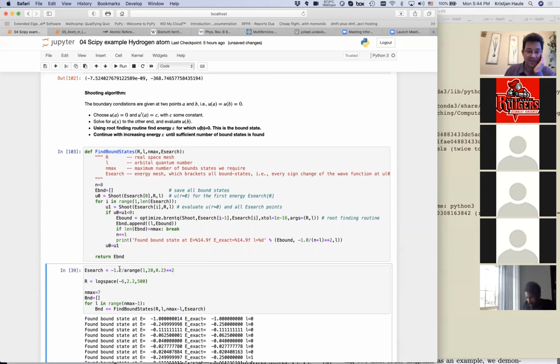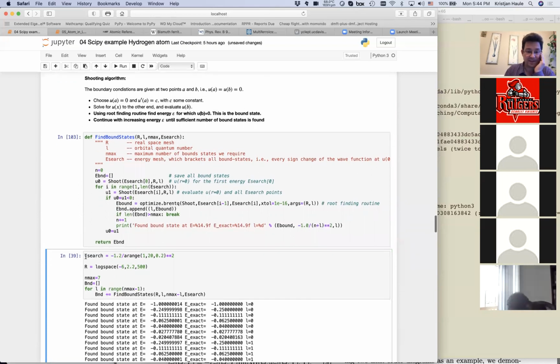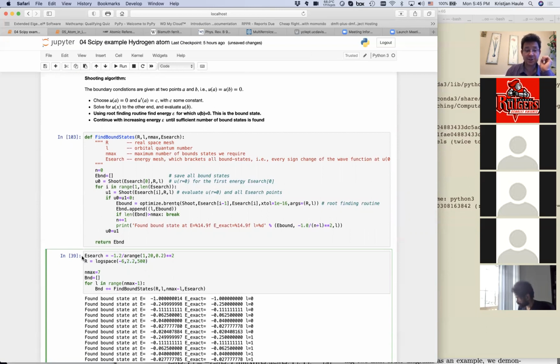Okay, so for this we're going to use R on a logarithmic mesh like before, from -6 to 2.2, let's say 500 points in the logarithmic mesh. Now for the mesh for searching bound states, we're going to use again some knowledge from the exact solution.